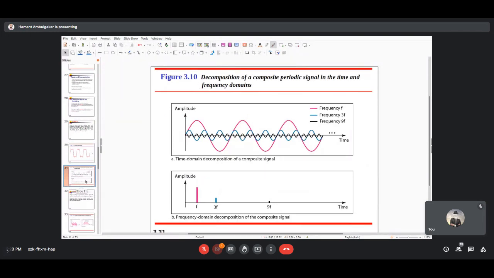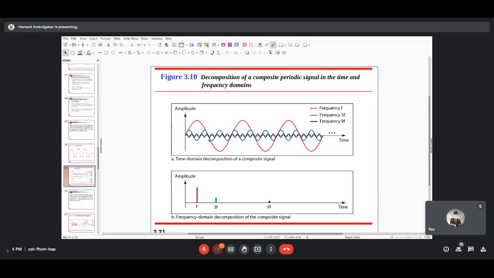Here we are assuming we have three sine waves.